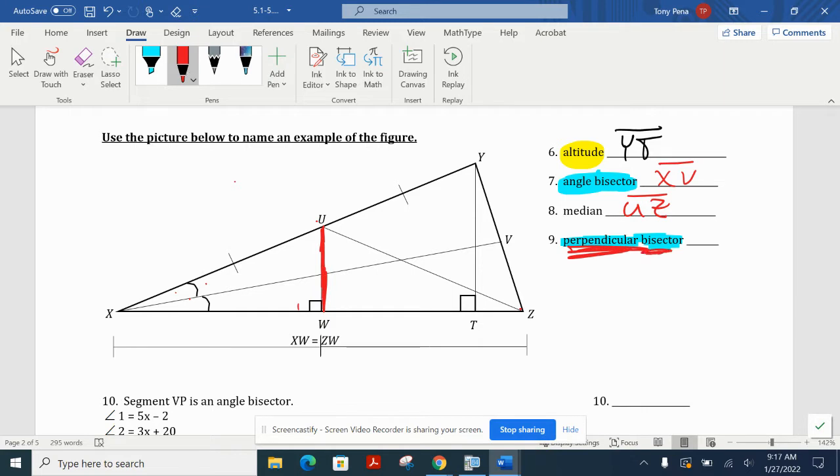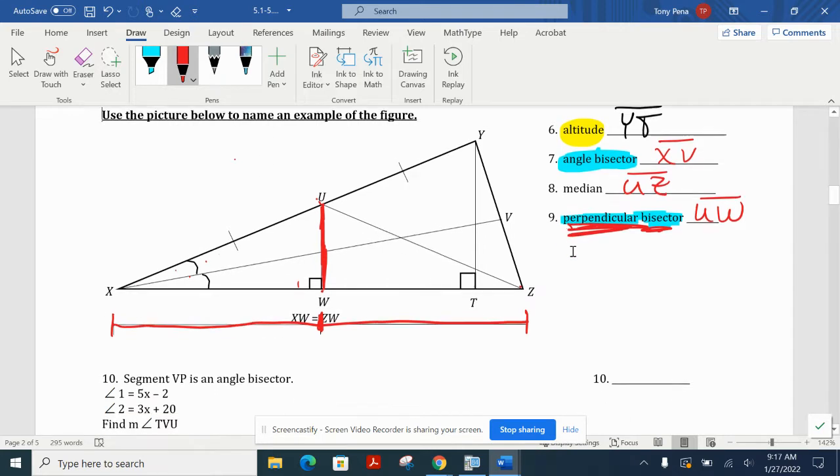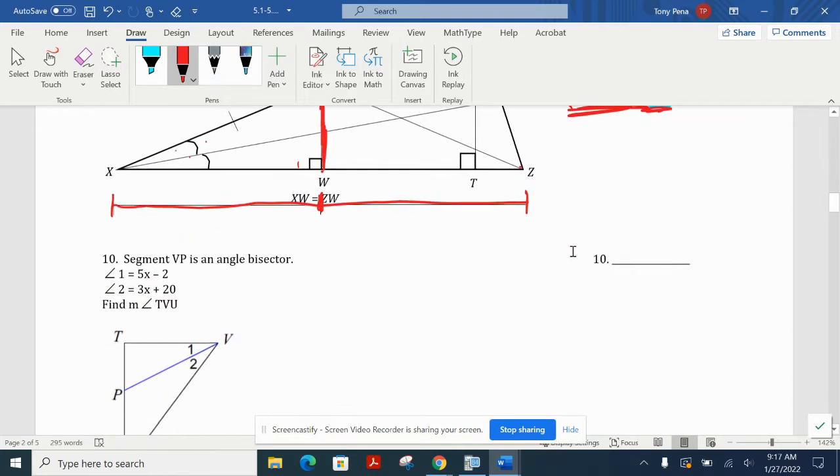And then we know it bisects because what this thing down here is telling us is this whole length from X to Z, this is the middle of that. All right, so UW is our perpendicular bisector. All right, so just know those, know what they are.